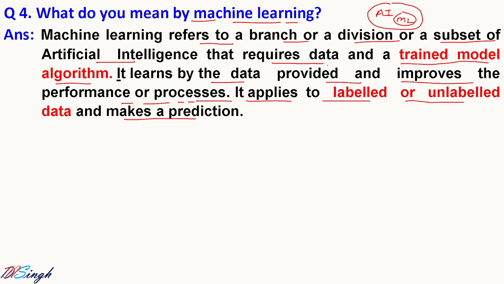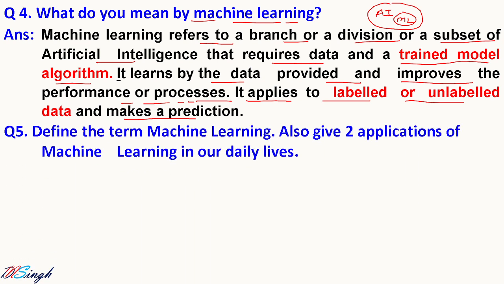It learns by the data provided, ये सीखता है जो हम इसे डेटा देते हैं उससे, and improve the performance and processes, और अपने आप की परफॉर्मेंस को, प्रोसेसेस को इम्प्रूव करता है. It applies to the labeled and unlabeled data and makes predictions. ये जो ट्रेंड डेटा मॉडल है, इसको हम अप्लाई कर सकते हैं लेबल्ड डेटा पर भी और अनलेबल्ड डेटा पर भी, और उनसे फ्यूचर प्रेडिक्ट करने की कोशिश कर सकते हैं.